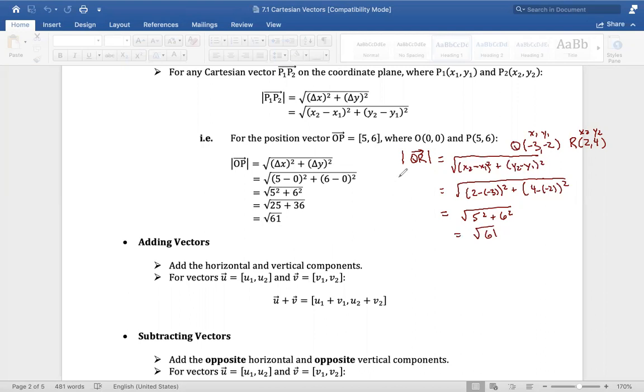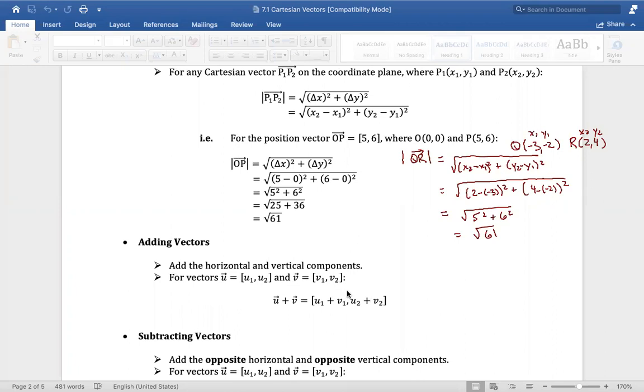Okay. So what if we were adding vectors? We add the horizontal and the vertical components if I'm adding two Cartesian vectors together. For example, if I have the vector u, with square brackets, which has the horizontal component u1 and the vertical component u2, and vector v, which has the horizontal component v1 and the vertical component v2.